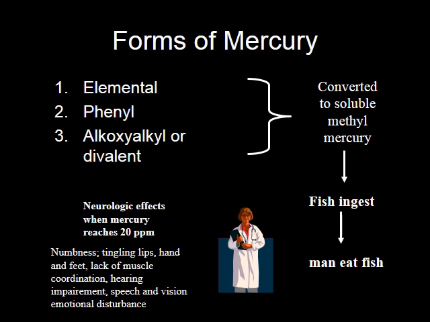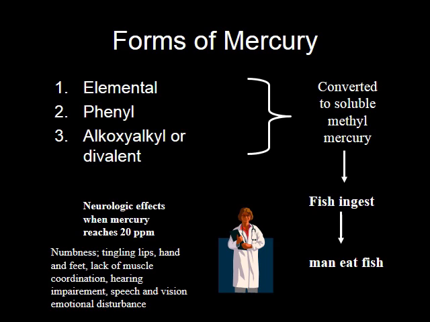The fish would ingest the mercury, and then man eats the fish. Now, if man has reached 20 parts per million of mercury within the body, the man starts to observe neurologic effects such as numbness, tingling lips, lack of muscle coordination, hearing impairment, speech and vision impairment, and emotional disturbance.